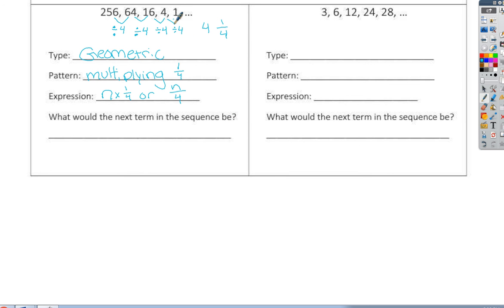So we need to do 1 divided by 4, so we could write it this way and get 1/4. Or we can write it this way and do 1 over 4, and we get 1/4.